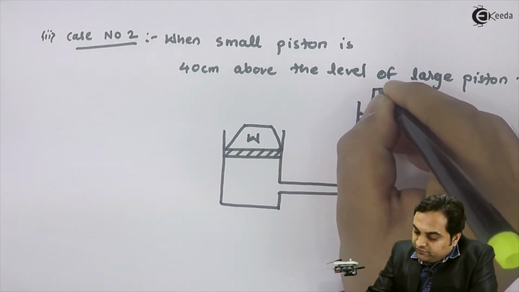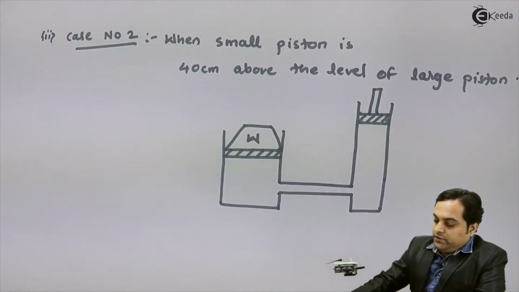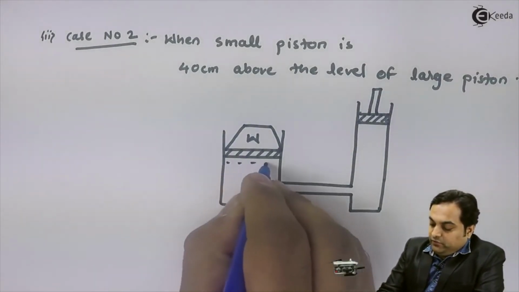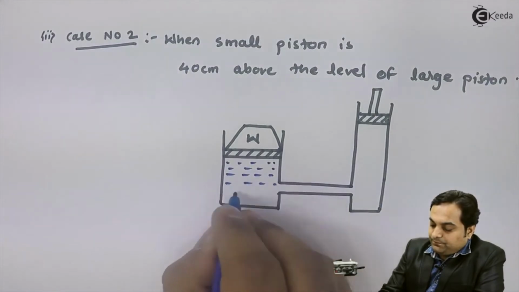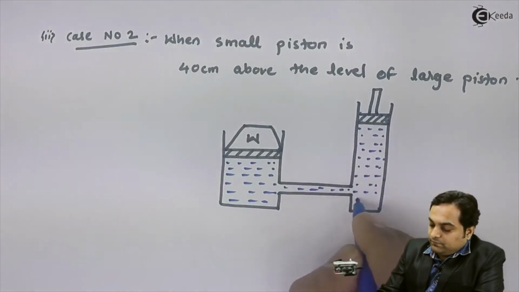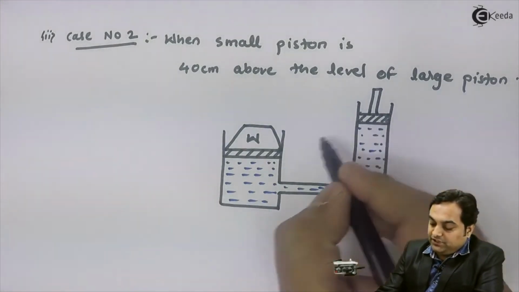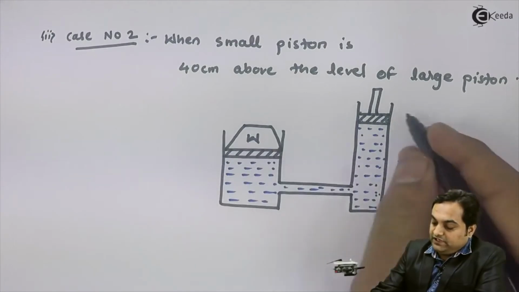So here I have drawn the diagram of a hydraulic jack in which it is again filled with a fluid, and now the condition is that the small piston is 40 centimeter above the level of the large piston.